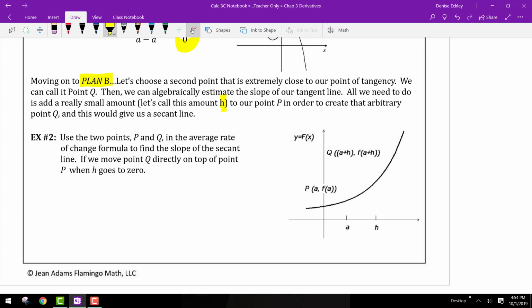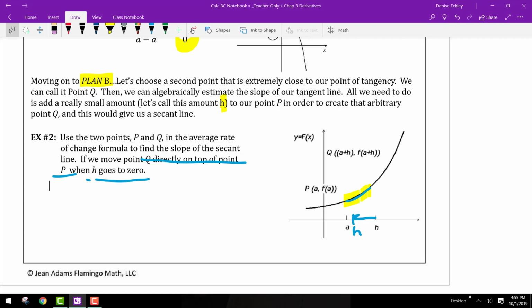If we move point Q down towards where A is, we move it down, and so our H is moving in here. So it's almost on top of A. What we're going to end up doing is H will go to 0 when Q is directly on top of P. So that's going to be our old friend, the limits, coming up here.